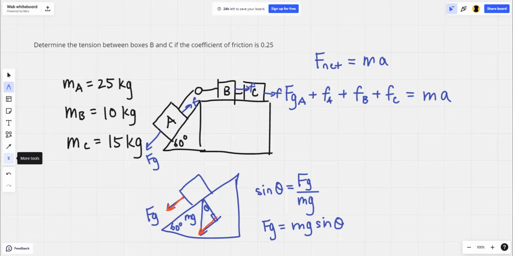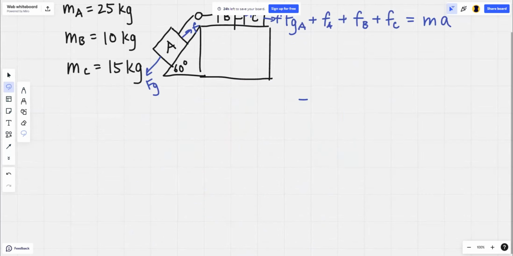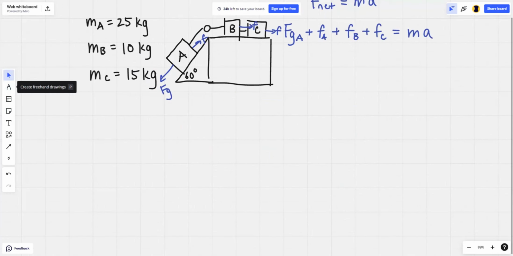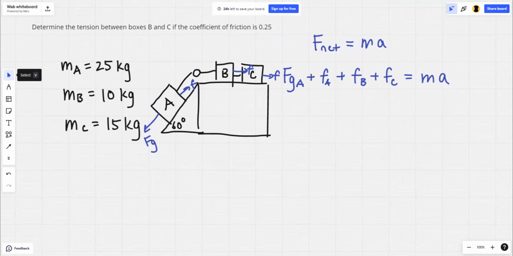So let's just make some space. There we go.